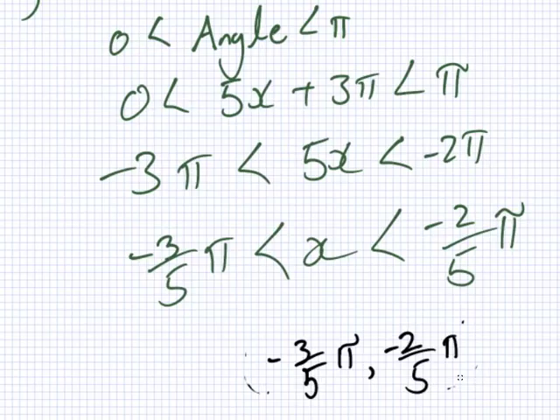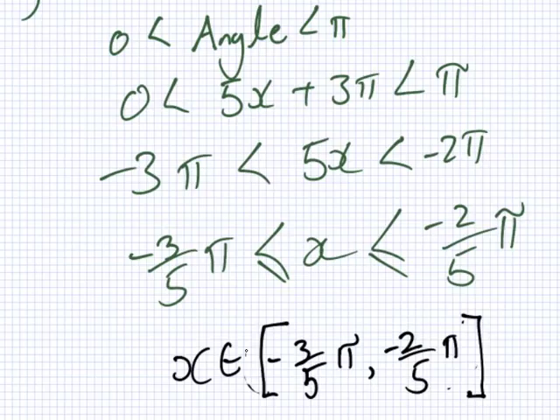There's nothing wrong with including them. Both answers are acceptable, they're both correct for the domain. If I open this, I don't prevent it from being 1 to 1. I've just made the domain slightly smaller by not including the ends.